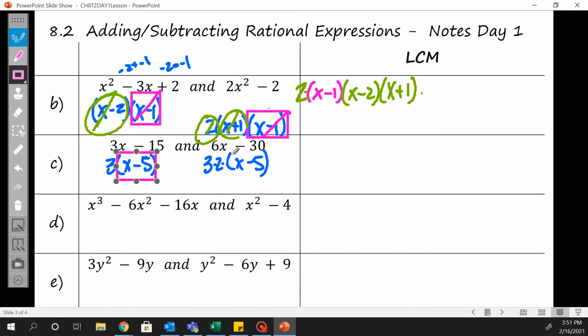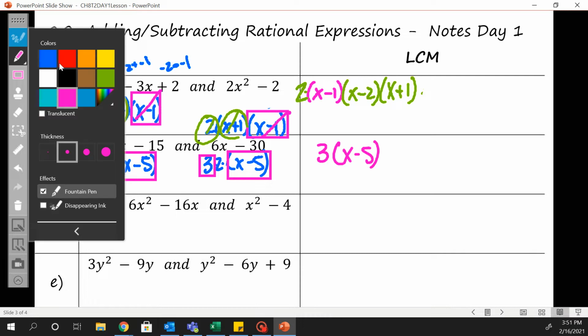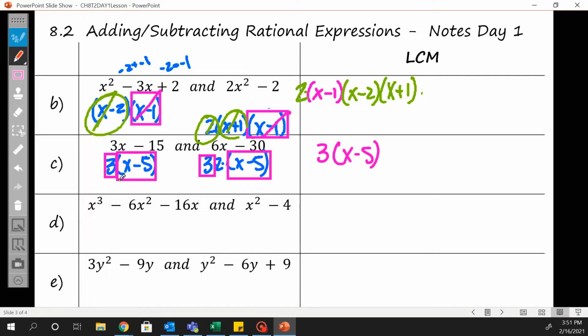Well, they both have an x minus 5 in common, and they both have a 3 in common. So 3, x minus 5, part of the LCM. And then also what's remaining, nothing's remaining here, but the 2 is remaining here. So also 2. So this is the LCM for these two. 6 times x minus 5, or 2 times 3 times x minus 5.